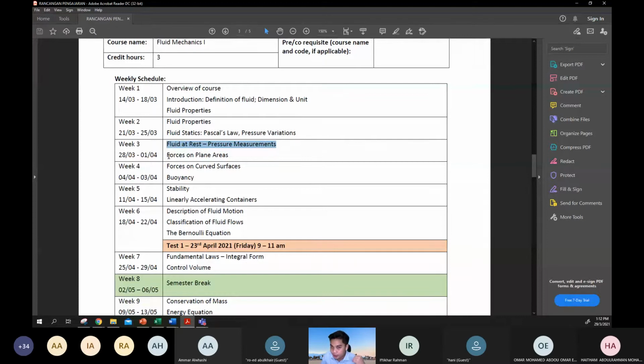Today, I'm going to cover forces on plane areas. This will take the whole week, because it is quite tough, involving derivations and technical knowledge as well.